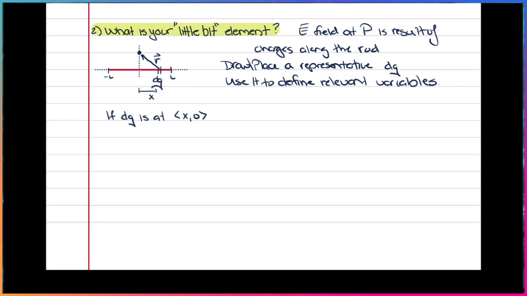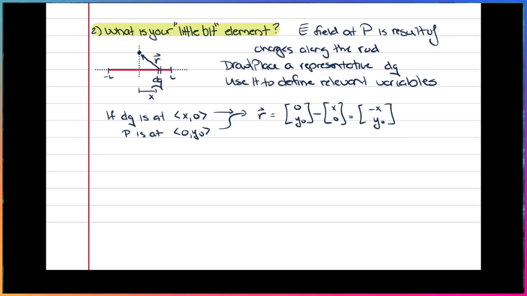So if dq is at x comma 0, P is at 0 comma y naught, then r points to P from dq, so we'll switch to column vectors: 0, y naught minus x, 0, which then equals a vector that looks like negative x, y naught.